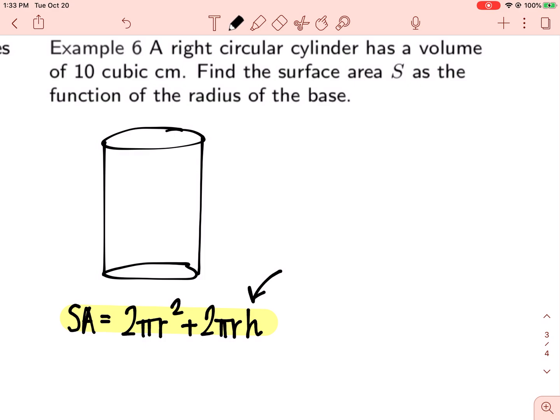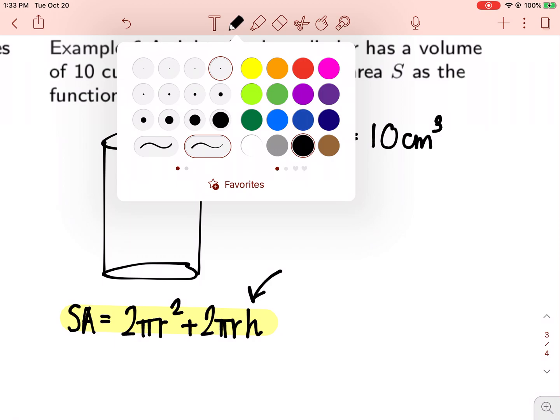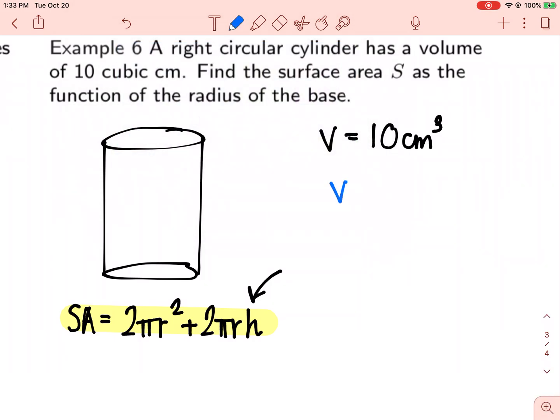Well, let's see what we know. We know the volume is 10 centimeters cubed. Well, I can use that to my benefit. Okay, volume of a cylinder, again from the front page, is pi r squared h, which means that 10, that volume, is pi r squared h.